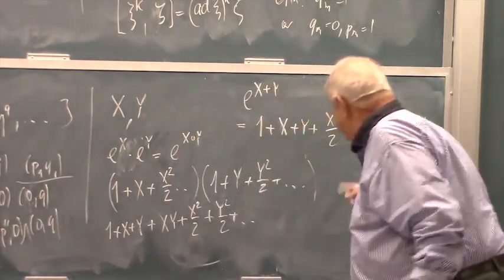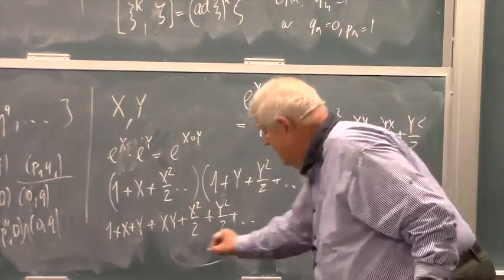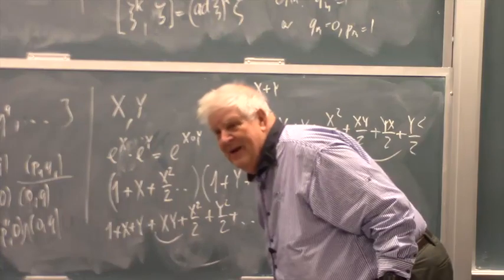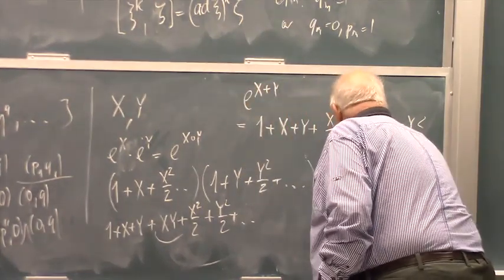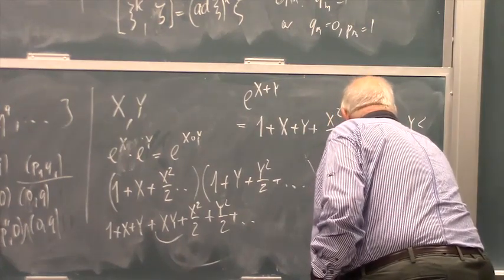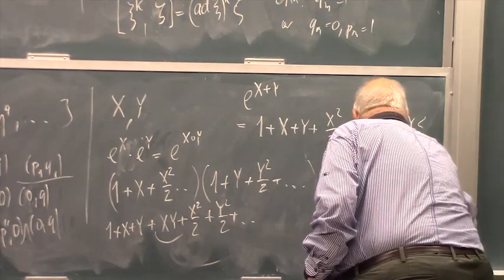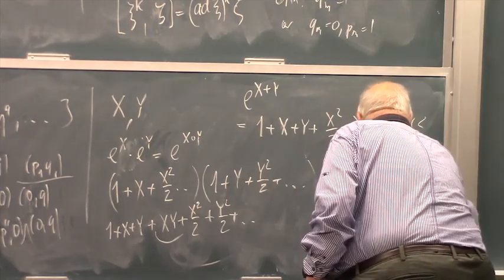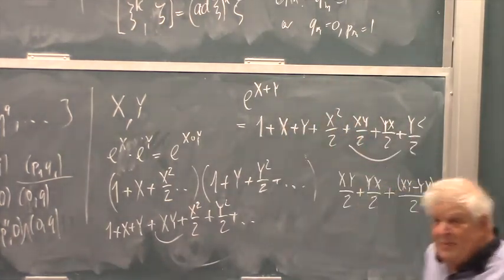What is the difference between the two? Only here, right? And to get this, I need to add to this also xy minus yx divided by 2, right? Very interesting. This is the commutator.